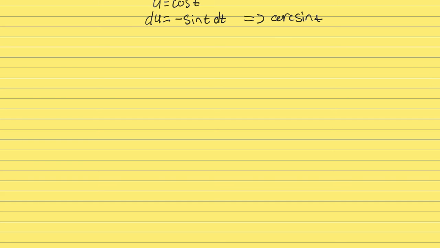Now we can rewrite our integral, 1 minus cosine squared t sine t times cosine squared t dt, in terms of u. So it's going to be negative 1 minus u squared times u squared du. I'm just going to quickly rewrite this so that I can visualize this better.